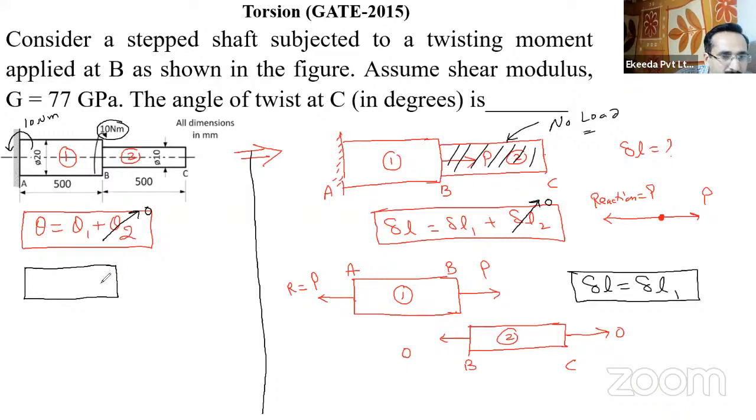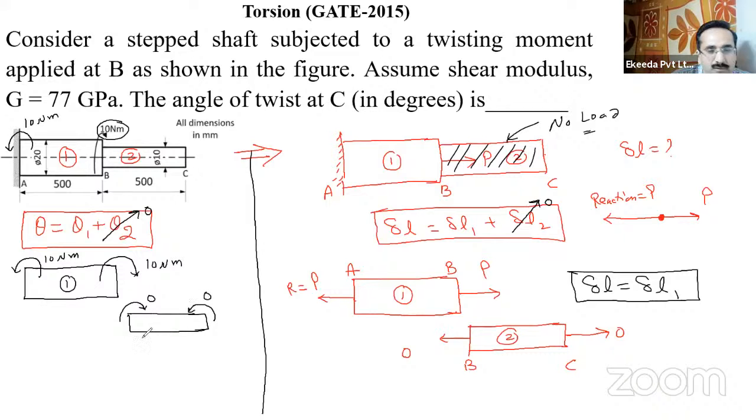The second part is free, with zero torque applied. It means that the total angle of twist is basically theta 1 only, because this end is free and no torque is applied, similar to the simple stresses case. So theta 1 we have to find out.